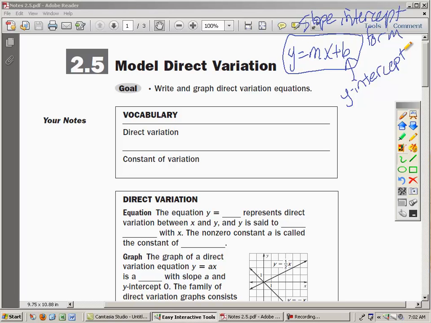The definition of direct variation is an equation of the form y equals ax. And that represents, and I'm just going to abbreviate DV, a direct variation between x and y.